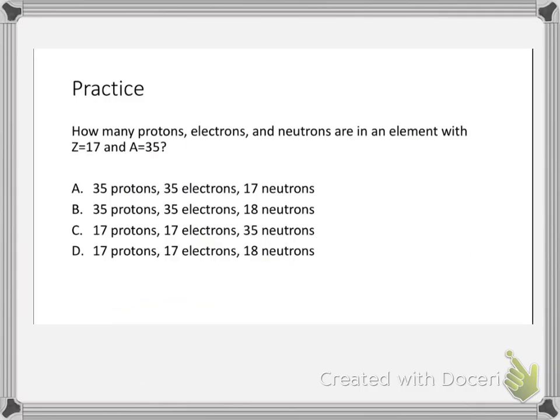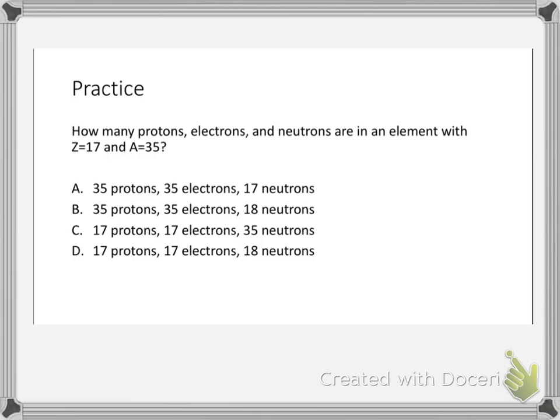So here's another one. Now this is written a little different because now it's using the symbols, not the names. So it's using Z and A. Okay, so go ahead and try to answer. This one's multiple choice. You go ahead, and then I'm going to ask you to try to write the atomic notation. So go ahead and try to do that too.